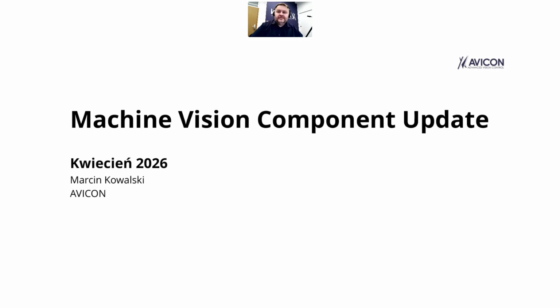There are a number of novelties in the market. Of course, machine vision isn't changing very quickly. However, this evolution takes step by step as time goes by, and we feel this moment is a very good moment for a broader update on what's in our portfolio.